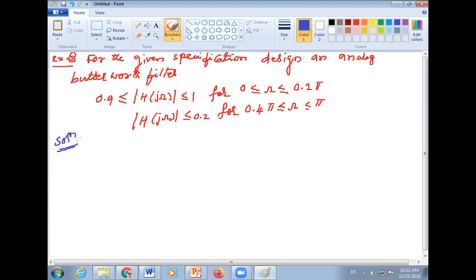So from the given specification, we can write down the values.